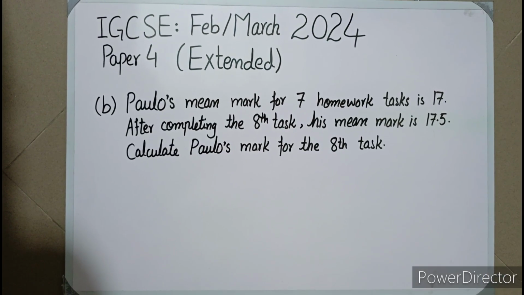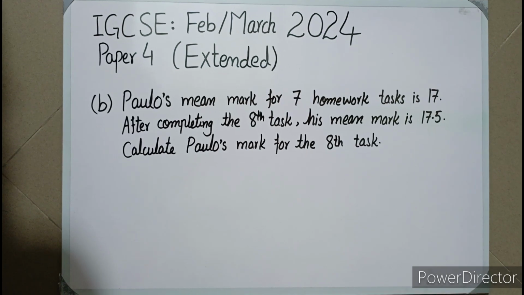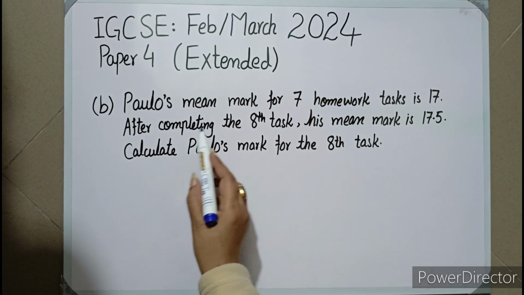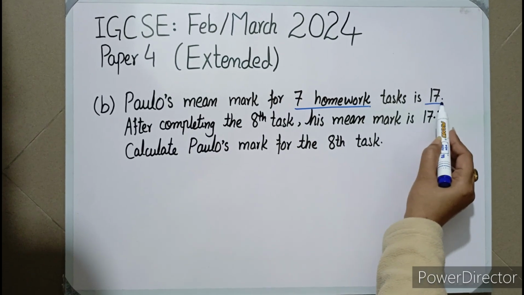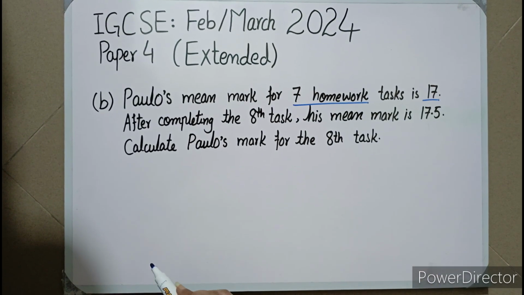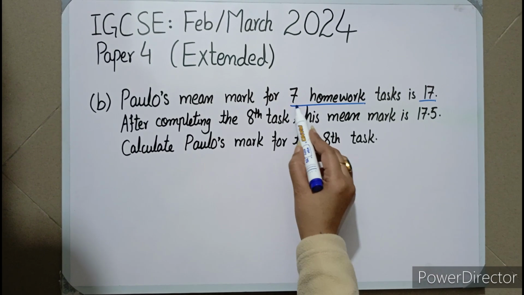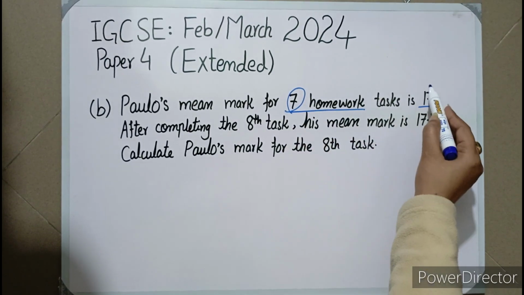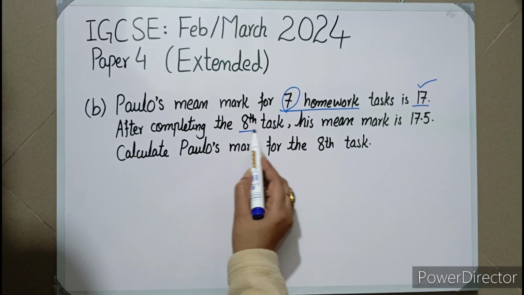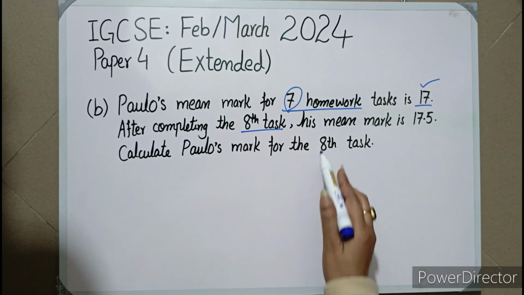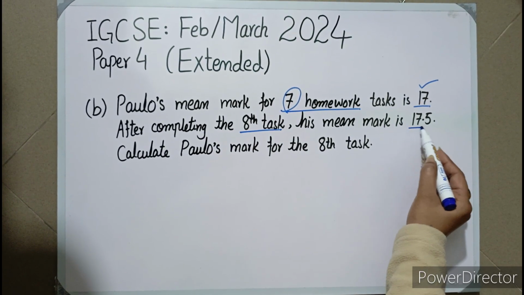In the B part of the question, the examiner has given you the statement that Paul's marks for 7 homework tasks have a mean of 17. It means that he has done the homework for 7 subjects and the mean is 17. After completing the 8th task, his mean marks is 17.5.